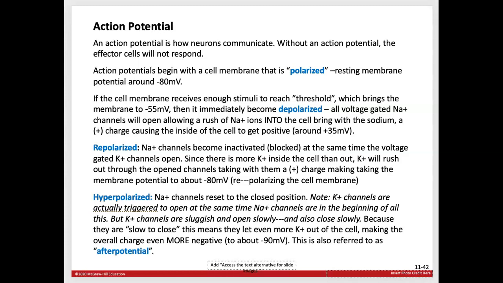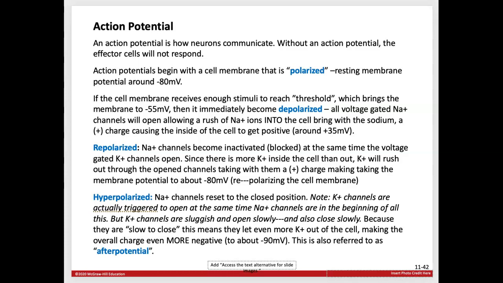During the hyperpolarized state, the sodium channels reset to the closed position, and the potassium channels stay open a little bit longer because they're sluggish and lazy. That means they let even more potassium out of the cell, making the overall charge even more negative, to about negative 90 millivolts. Our book also refers to this as the after potential.